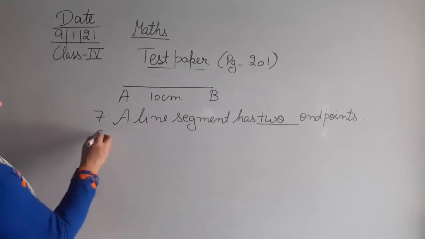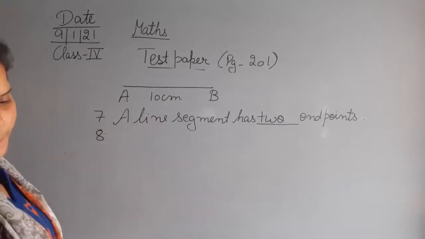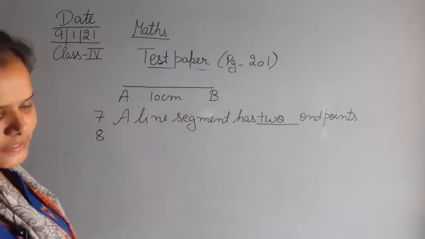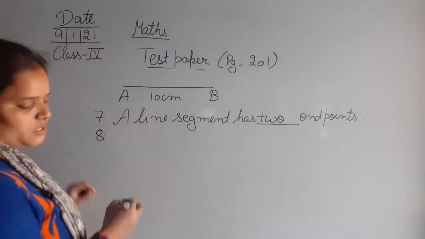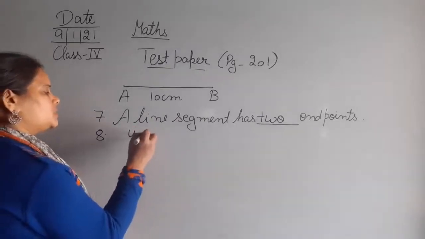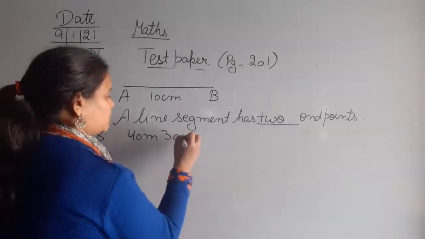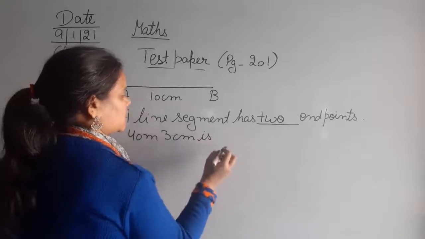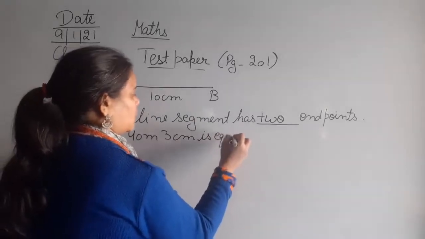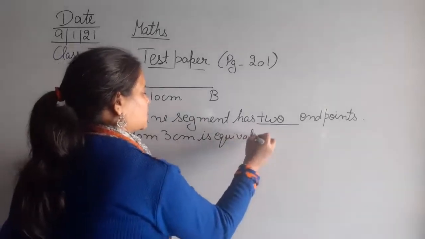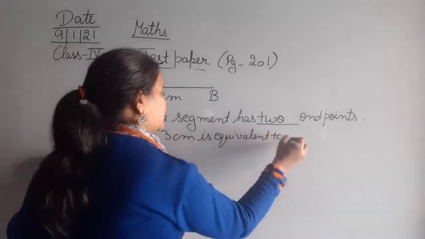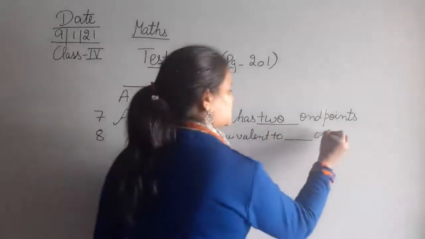Next, 8th one. 40 meter 3 centimeter is equal to dash centimeter.